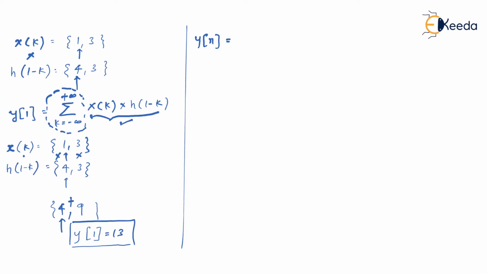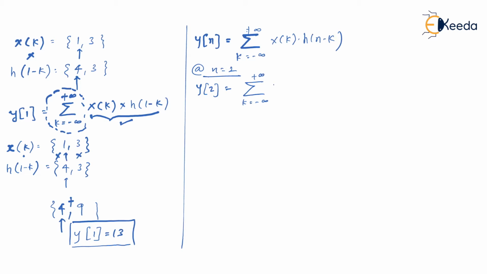So we have y of n. I'll just recall the formula: summation k equal to minus infinity to plus infinity x of k times h of n minus k. Now at n equal to 2, I'll be getting y of 2. So y of 2 becomes summation k equal to minus infinity to plus infinity x of k h of 2 minus k this time.